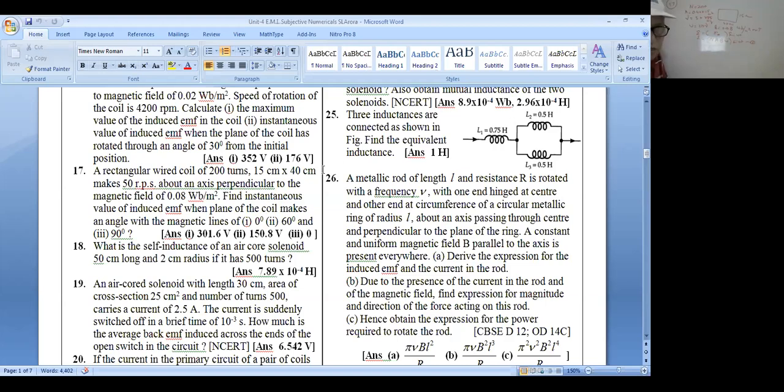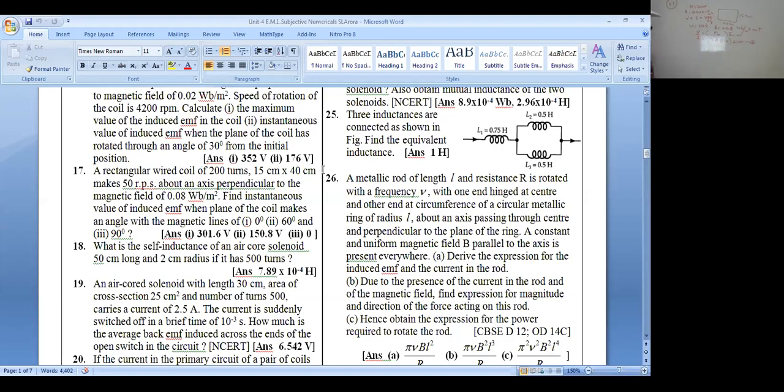Find instantaneous values of induced EMF when, underline this, the plane of the coil makes an angle. Just read this carefully. When the plane of the coil makes an angle with the magnetic field, it means theta is given. And what is alpha? Alpha means the angle with the normal. So again in this formula, we have to take care which angle is given to you.